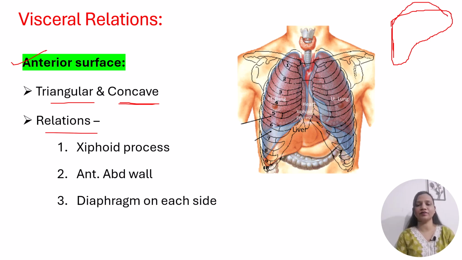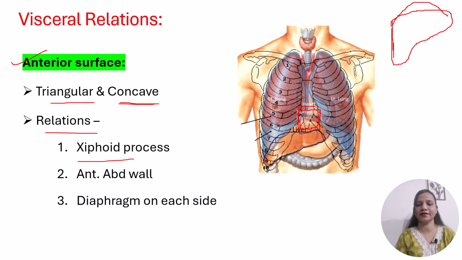The first relation is the xiphoid process, which you can appreciate here in this picture. This is the xiphoid process, and this portion is the liver.